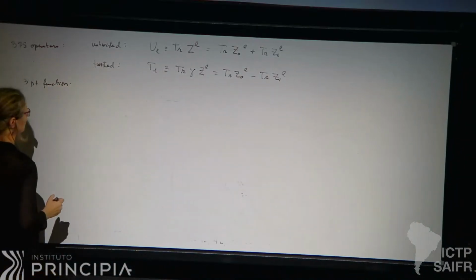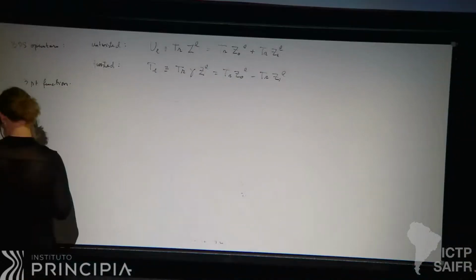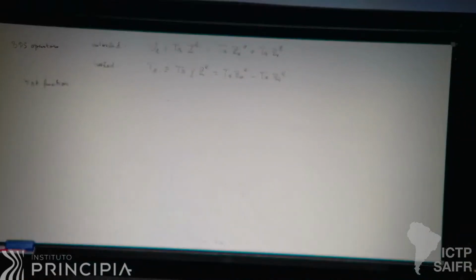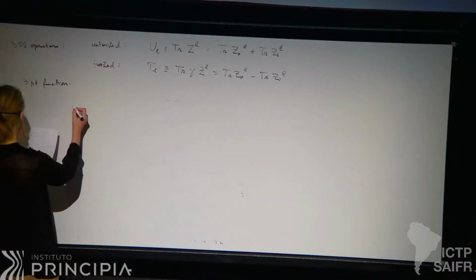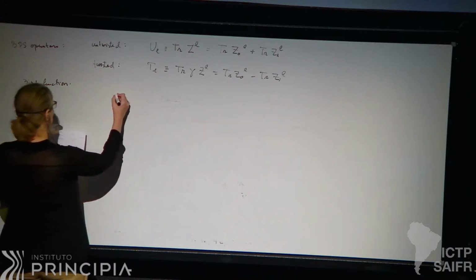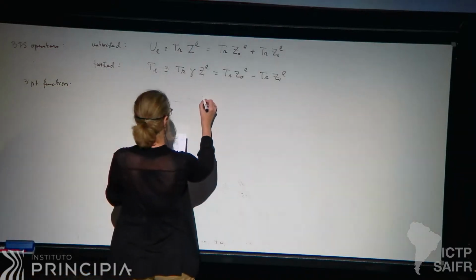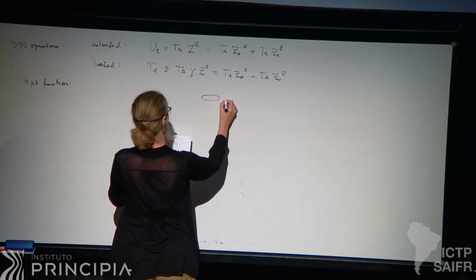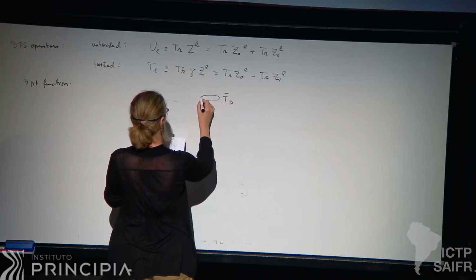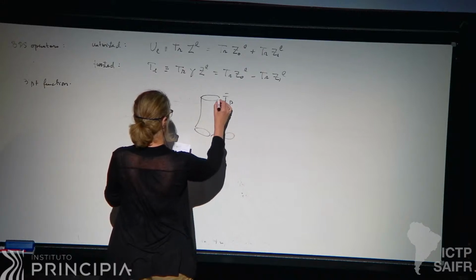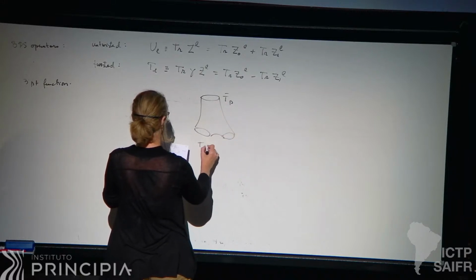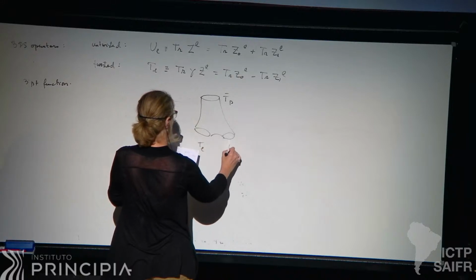So for the 3-point functions, the ones that are non-zero, the twist charge has to be conserved. So there is one which is non-zero, given by, so I take T bar here, I take T here, and I take U here.